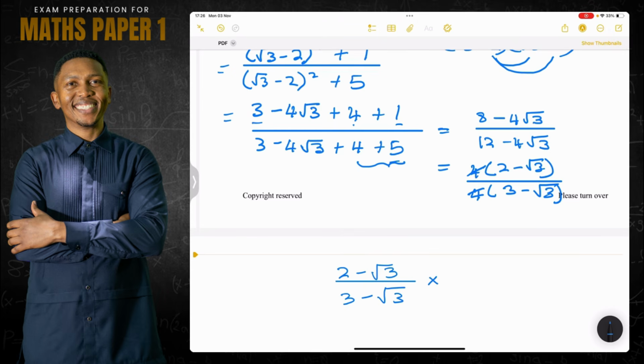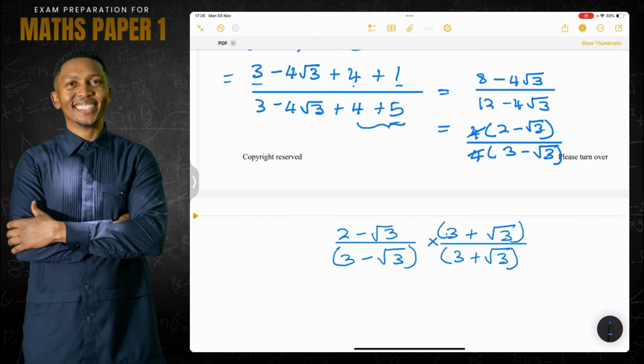So to rationalize the denominator, we'll multiply by the same bracket that we have at the denominator, but with a plus sign. But what I do at the bottom, I will do at the top, so that we do not change anything, right? This is the difference of 2 squares, right? So you've got 3 times 3, which will be 9. So I'm starting with the denominator. We'll get to the numerator just now.